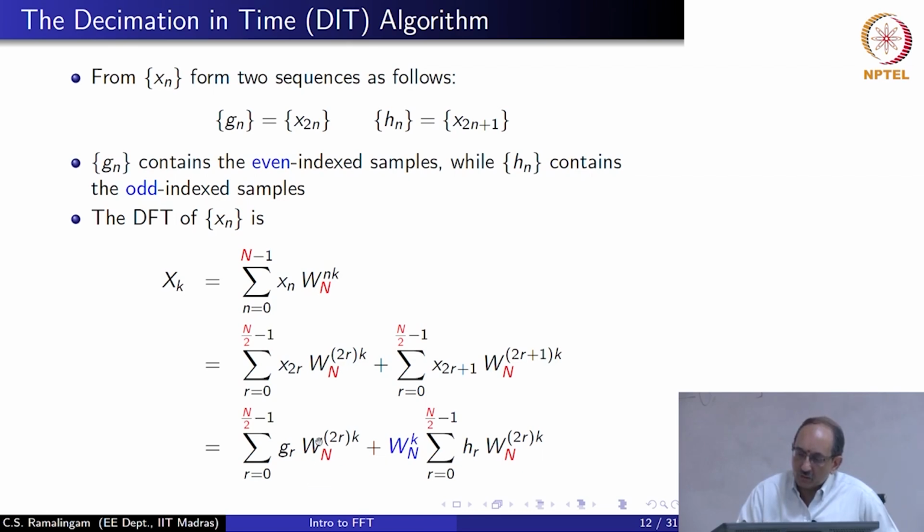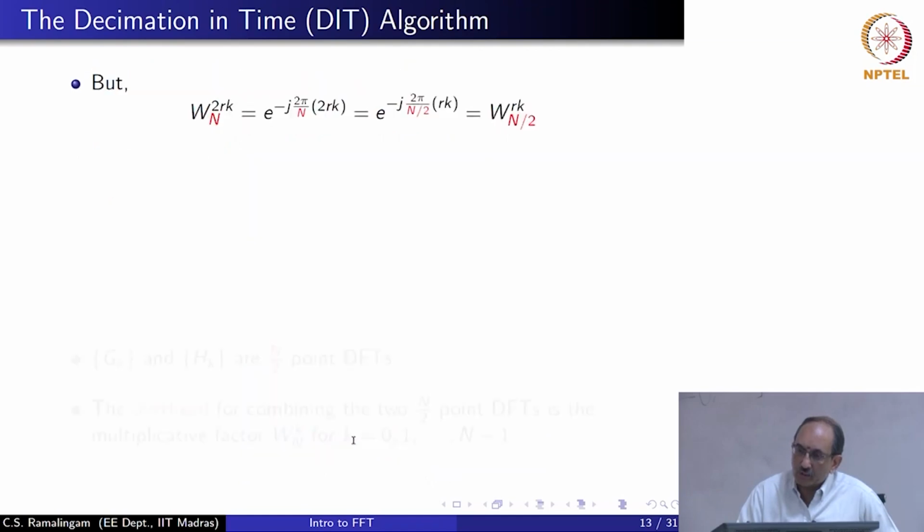And now let us look at W_N power 2rk. From the basic definition, W_N power 2rk is nothing but e to the minus j 2 pi 2rk by n. And then you notice that you can rewrite this as e to the minus j 2 pi rk by n by 2, and in this form you recognize that this is nothing but W_(N by 2) power rk.